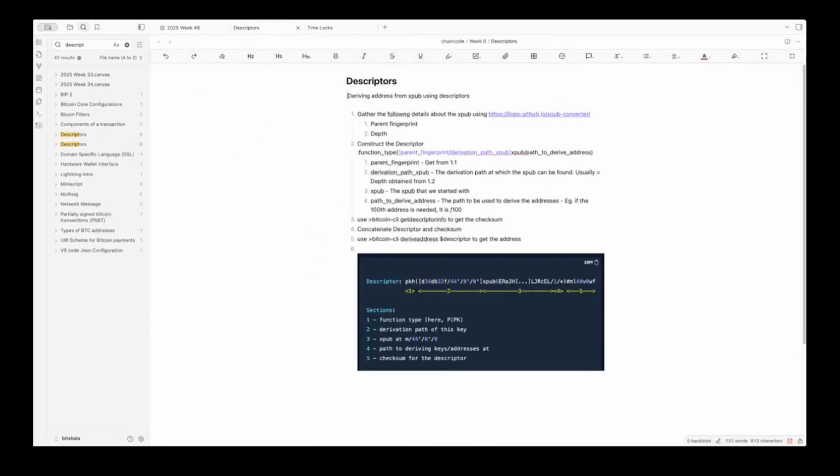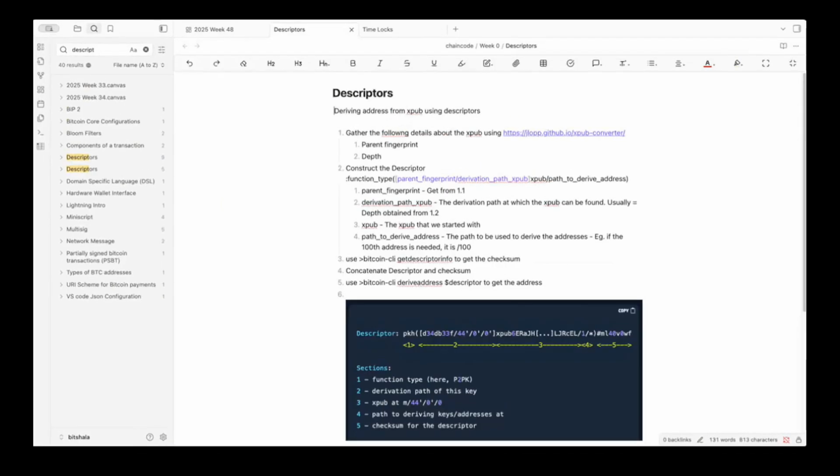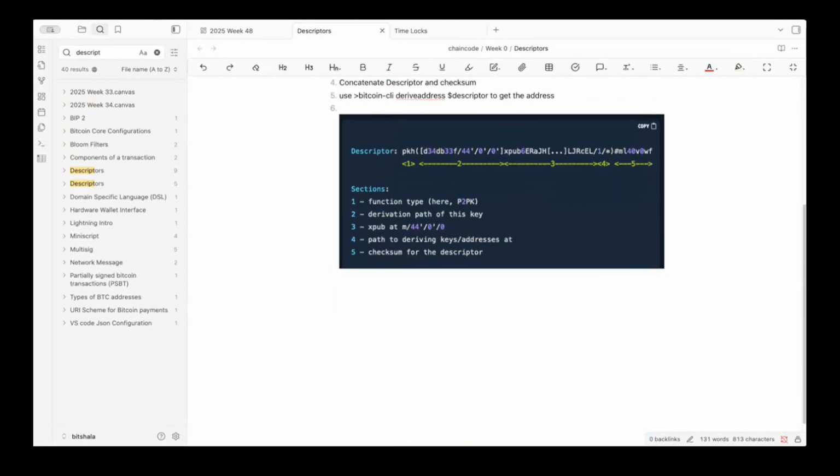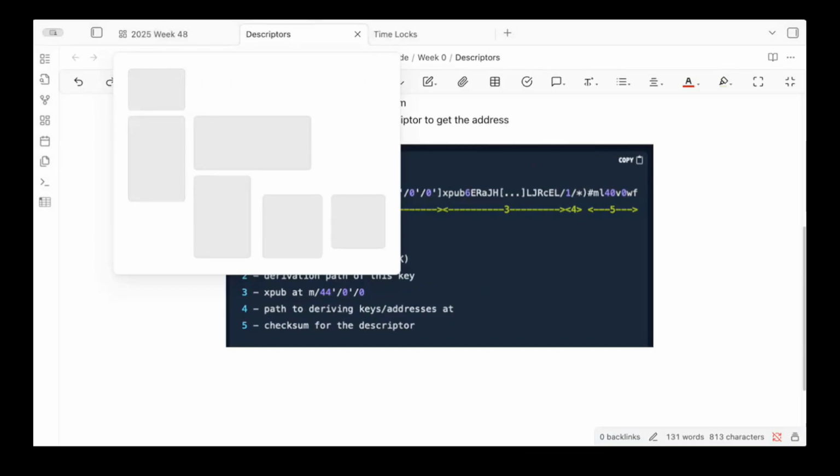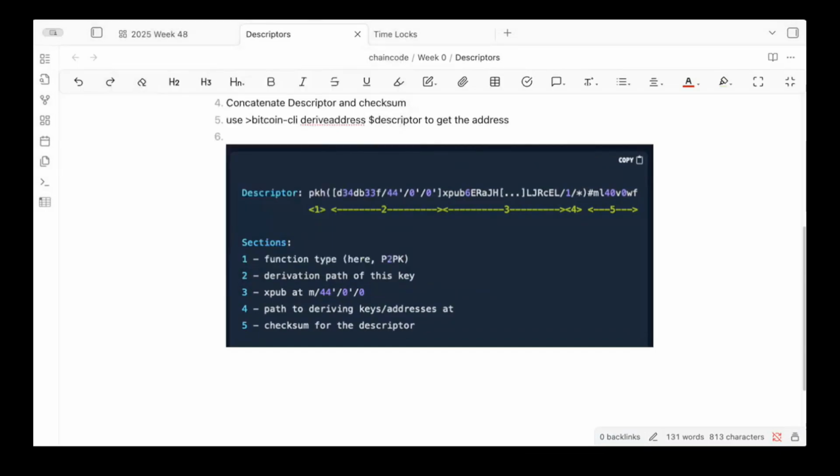Basically, this is the format of descriptors. If you can see it here on the screen, yes, I can. So typically, the descriptor will start with the function type, which is whether it's a taproot, P2PKH or P2WPKH.